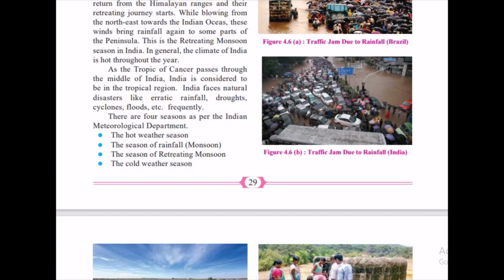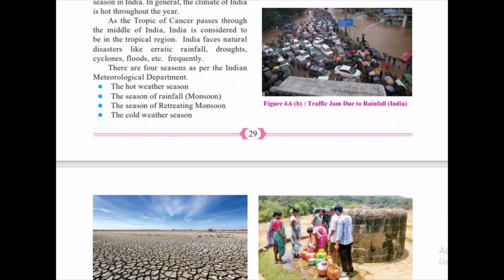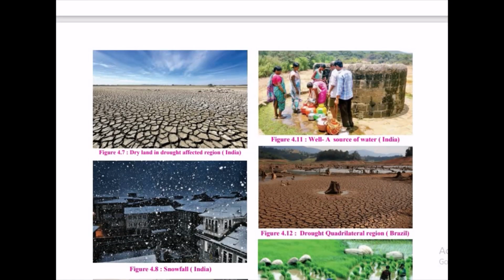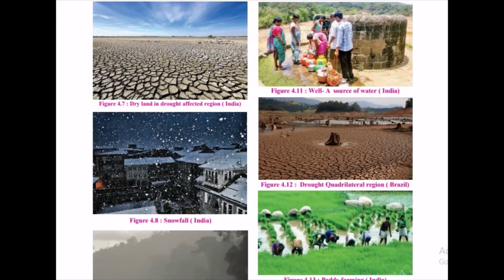There is one more, 4.6b, where there is a traffic jam in India due to rainfall. Further, 4.7, we find a drought affected region where there is no rain. On the other side we find a well as a source of water, especially in villages.